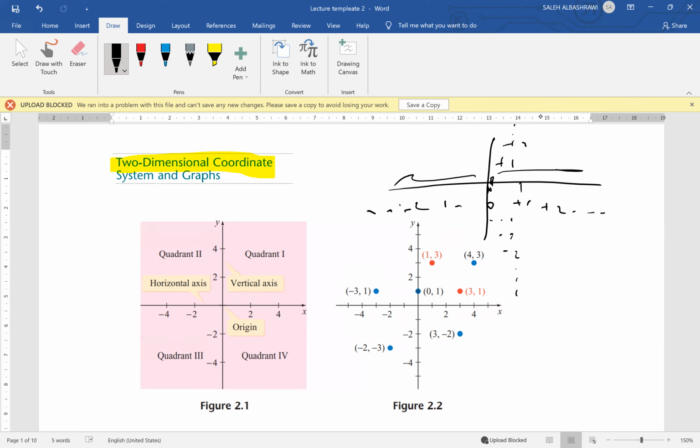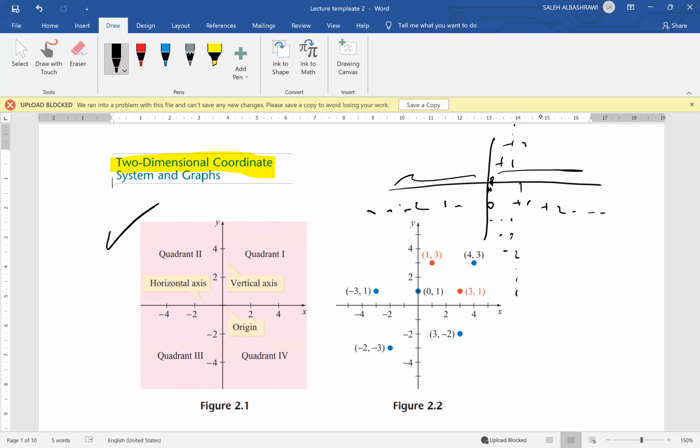So the two-dimensional coordinate system is just two perpendicular lines at 90 degrees, partitioned with 0: positive to the right, negative to the left, positive up, negative down. So we have this shape, and we call that the coordinate system.